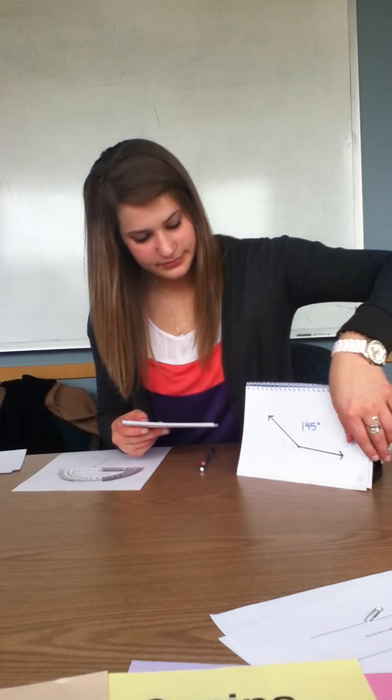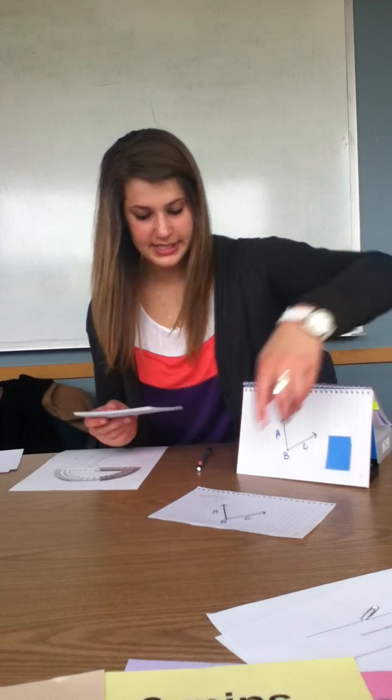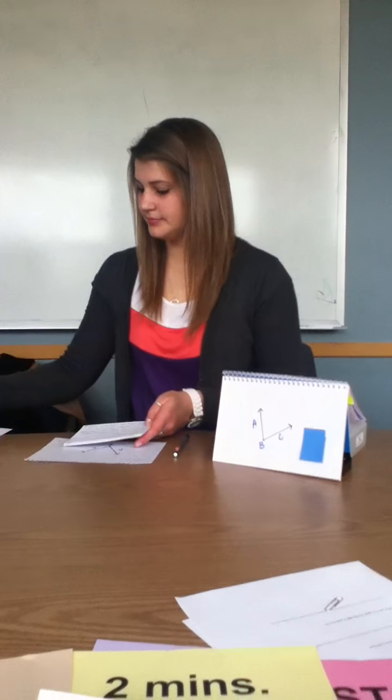Alright, next we're going to learn how to correctly measure angles using a protractor. So first, place the center point of the protractor on the vertex. Align the straight edge with side AB, so the marker is at 0.